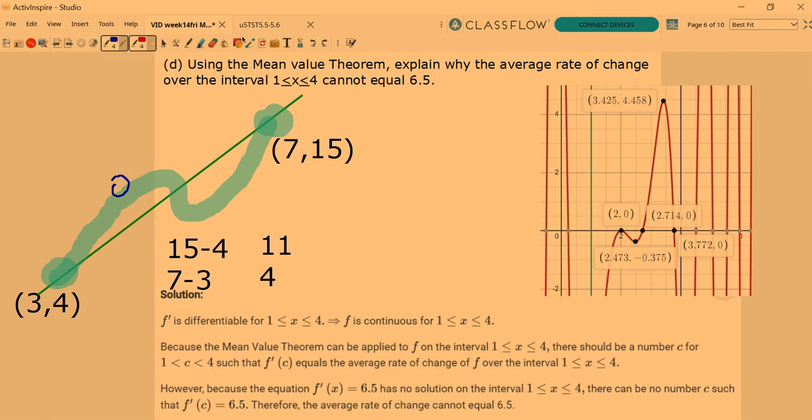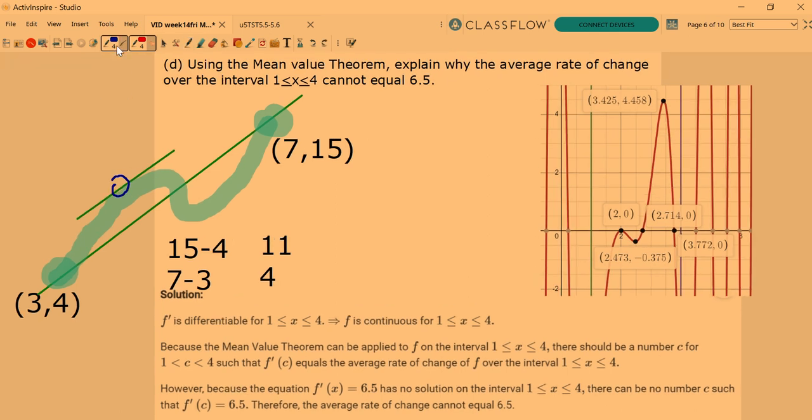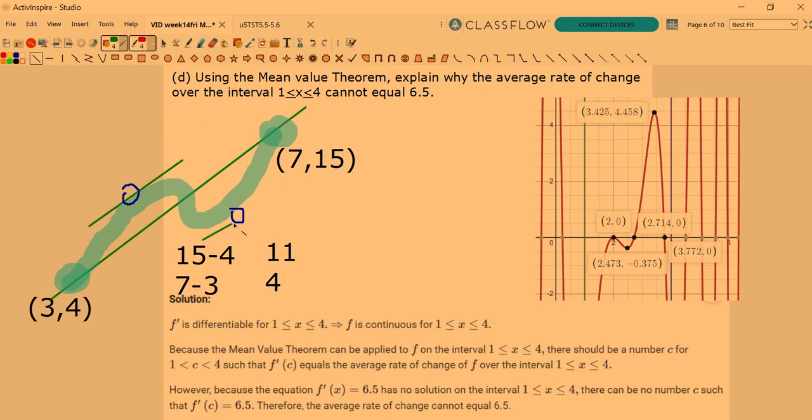All it's saying is that there is at least one x value where the derivative at that x value equals the slope between the endpoints. In this hypothetical case, it looks like there are two points.